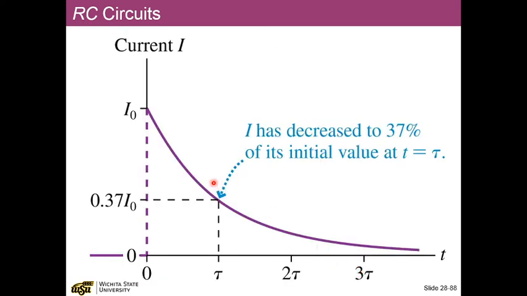If I plot it, the current I starts at I0 and at time tau, one time constant, the current in the circuit is 37% of the initial value. If I wait another time constant, at twice the time constant, it will be 13% of the initial value, and so on and so forth.